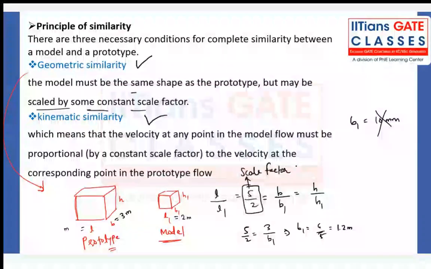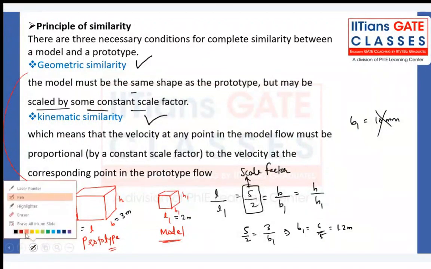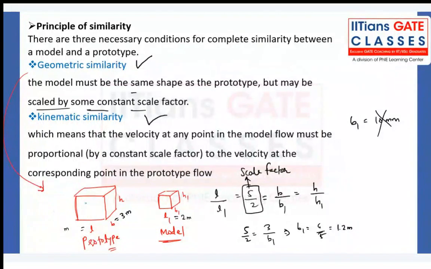Kinematic similarity, again, it's a very simple thing. I'm explaining in the same figure. Look very carefully. I'm taking point number one, point number two. For the kinematic similarity, the velocity and acceleration of the corresponding points of model and prototype should be in the same ratio. What is the meaning of that? See, the meaning is very simple.